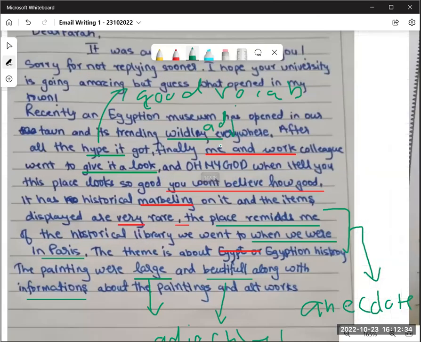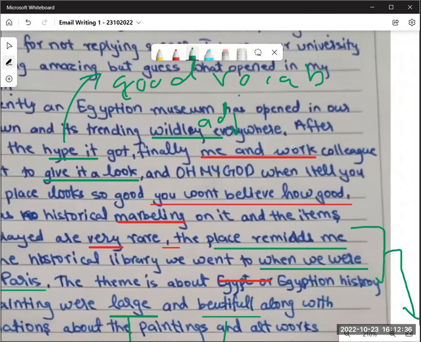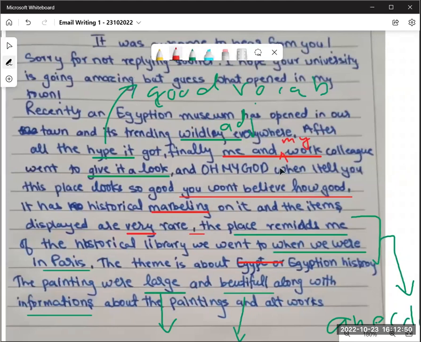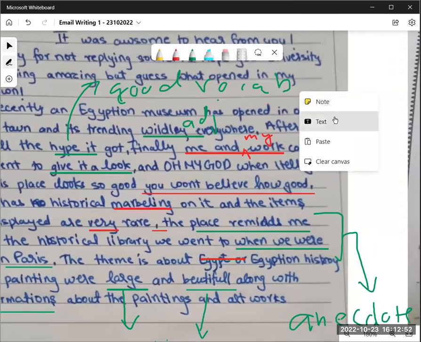Now, one thing I need you to improve is it's never me and worker or me and work colleague. It should be I. I just forgot to write me and my work colleague, that would still be wrong. Why? Me and my work colleague would still be wrong. That's fine. We'll look at how to improve that.